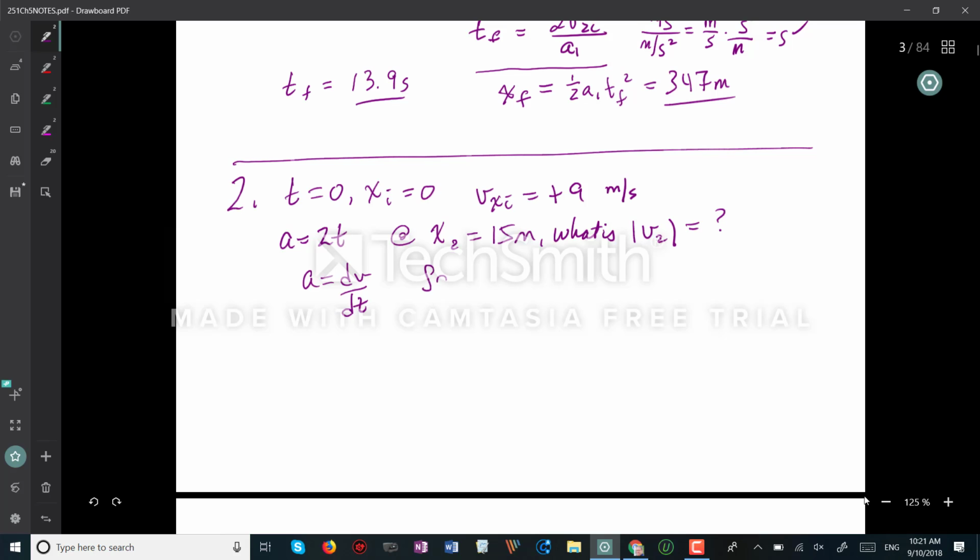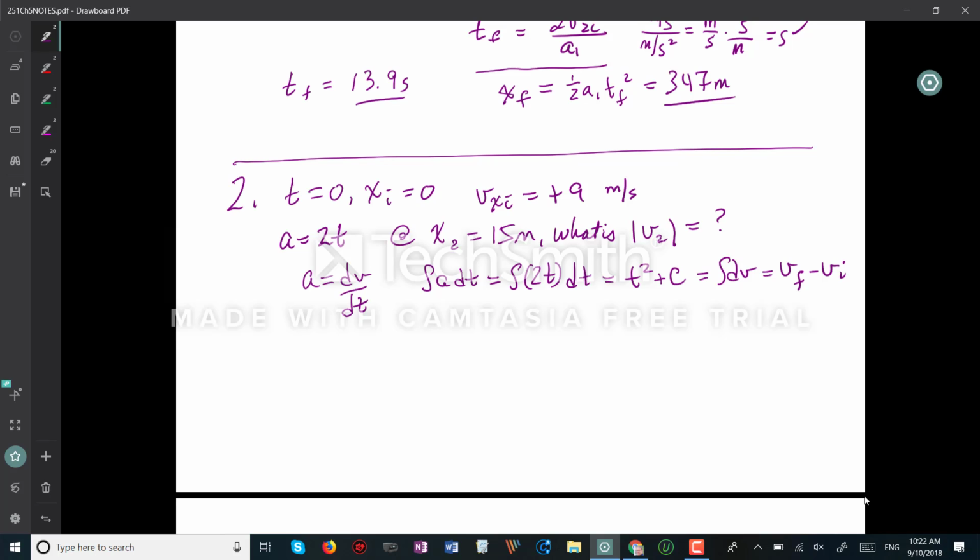So we're going to get the integral of a dt, which is the integral of 2t dt. No, a is 2t, excuse me. And we're going to get t squared plus c. And that's going to be equal to the integral of dv, which is v final minus v initial.